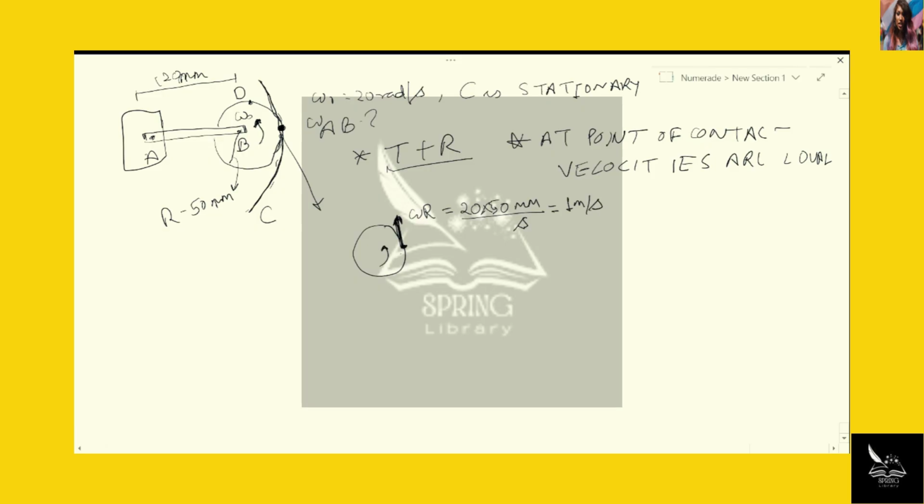Now, for this to remain stationary, this must have a translational velocity which is pointing in the other direction. Let's call this point of contact point P. So this is the rotational velocity at point P, and the translational velocity at point P must point in the other direction so that C is stationary.